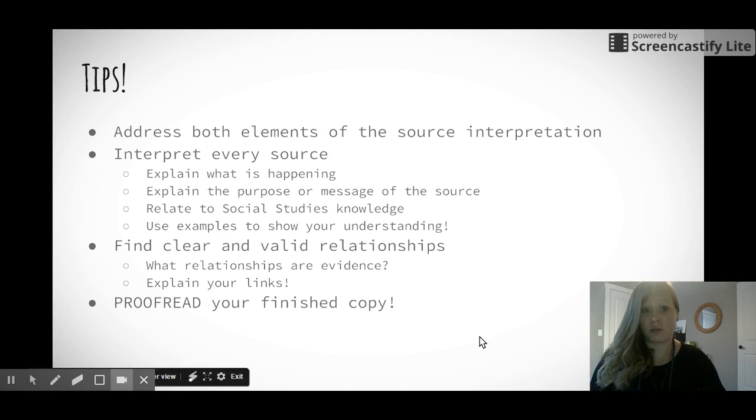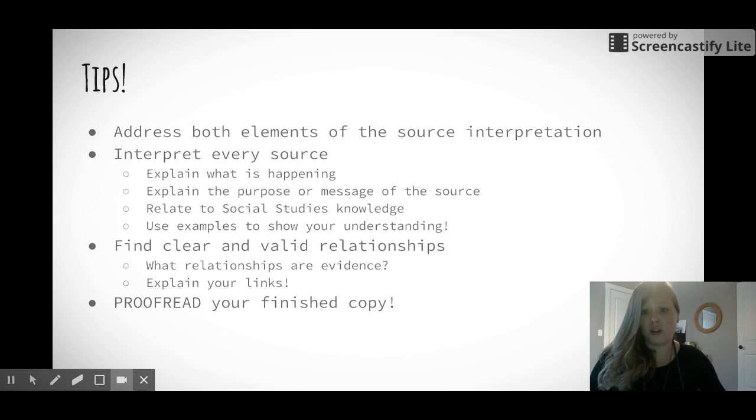Okay, so here are some tips. Address both elements like we talked about. Interpret every source. That means explain what is happening, explain the purpose and the message, relate to social studies knowledge, and use examples. Examples are key. Find clear and valid relationships. So what relationships are evident, and explain your links. What does it mean?